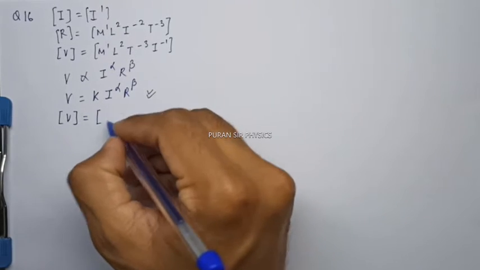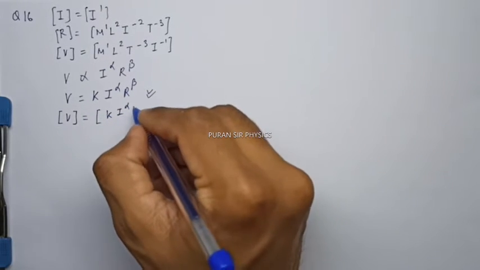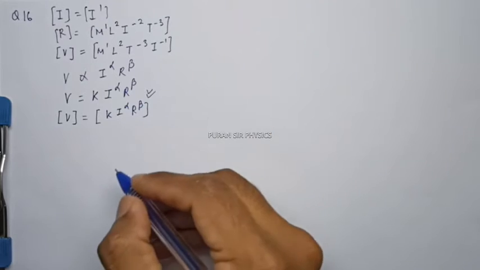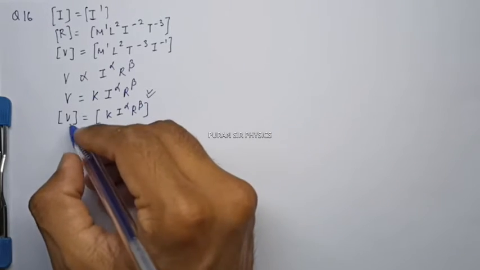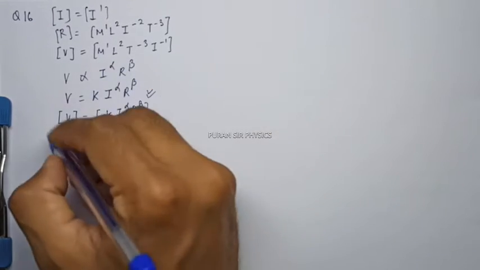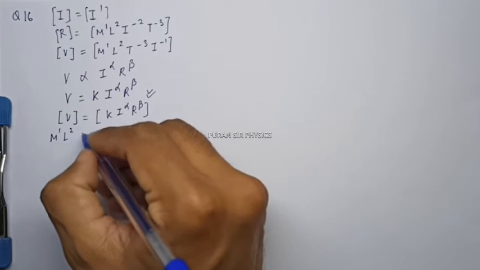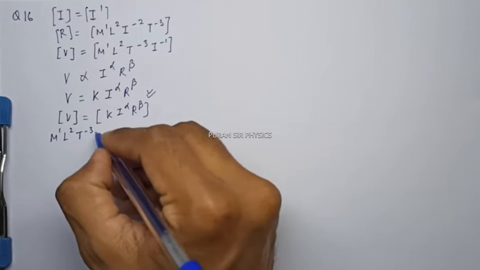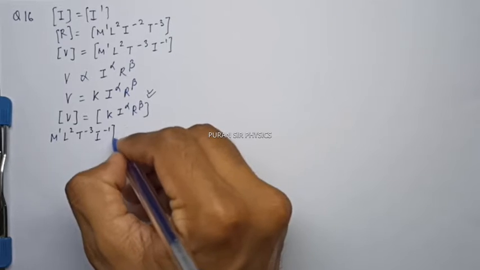The dimension of V must equal the dimension of this, which is M raised to power 1, L raised to power 2, T raised to power minus 3, I raised to power minus 1.